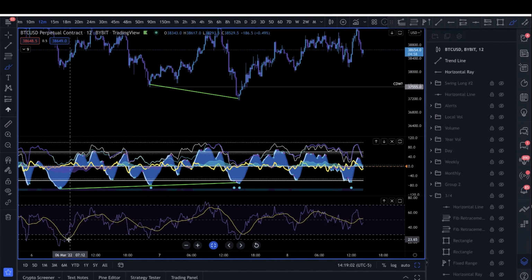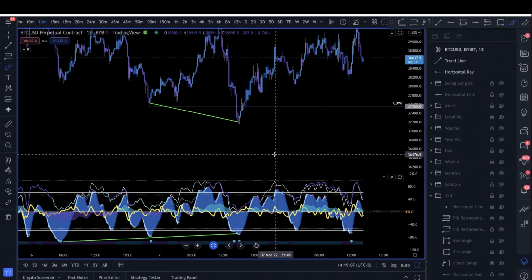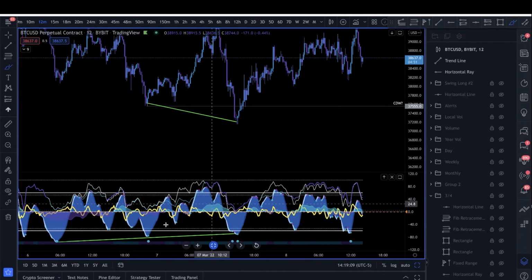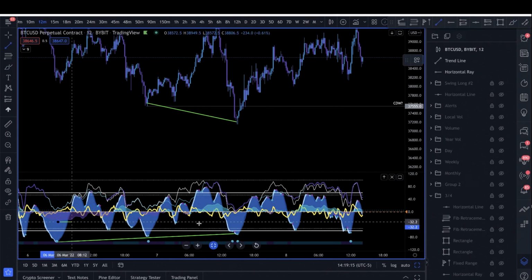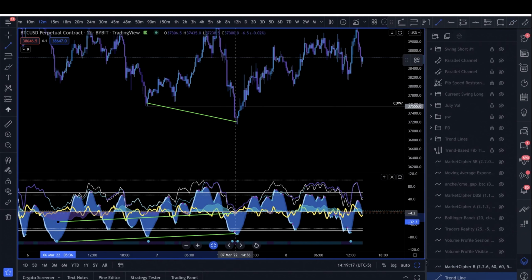No, not really. Slight bullish div on the RSI, but Market Cipher is very clear. The 12-minute Market Cipher is very, very nice for showing you divergences, and we can even see the money flow coming up on the 12-minute time frame.